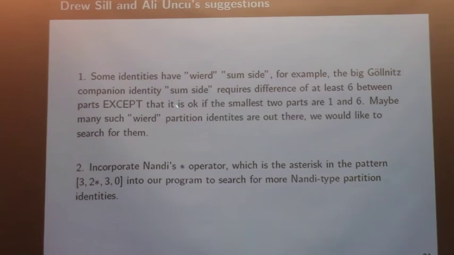So, first suggestion from Drew. Some identities have a weird sum side. For example, the Rogers-Ramanujan-Gordon companion identity sum side requires difference at least 6 between parts, except that it's okay to have the smallest two parts be 1 and 6. Before, in our algorithm, the beginning restriction and the initial condition were additional restrictions on top of the global restrictions.